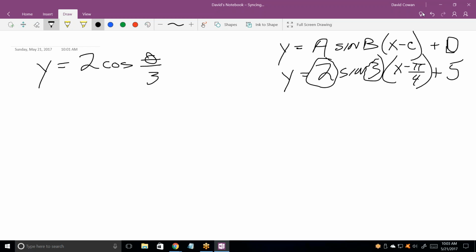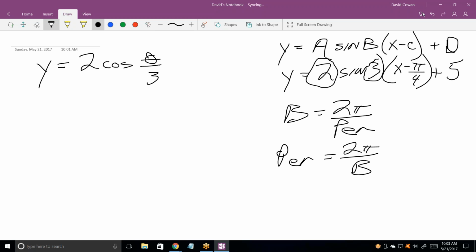Okay, that's B. And B relates to the period in the following way: B equals 2 pi over the period, which makes the period 2 pi over B. So that's the meaning of B. The pi over 4 is C, and it is a horizontal shift to the right by pi over 4. They call it a phase shift.